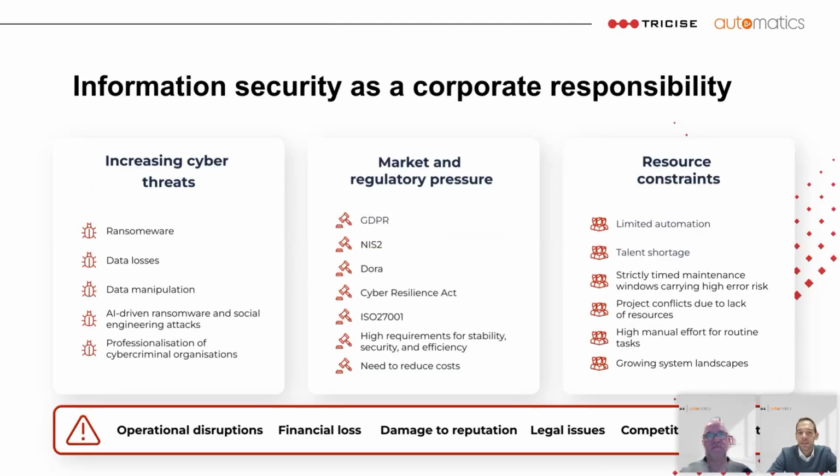This is, for example, the increasing cyber threats. Everyone knows it. It becomes more and more with artificial intelligence. It becomes easier for them to get information out of the systems or to perform ransomware attacks and so on. So you have to think about all this hardening stuff on the system layer.